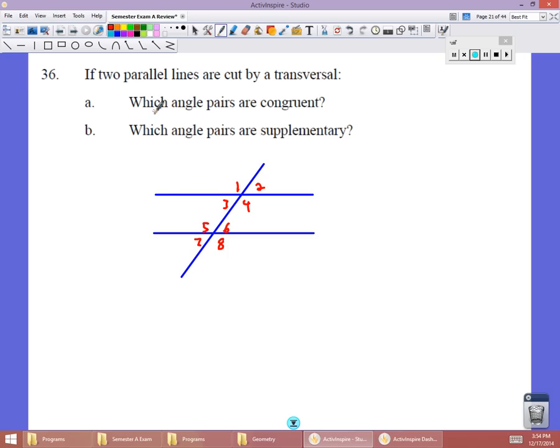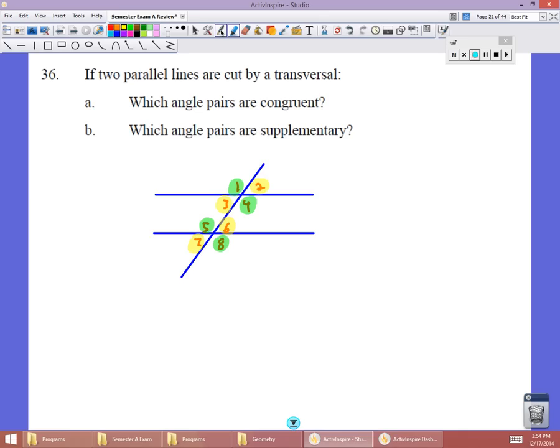We should have 4 angles that are equal to each other, and then another 4 that are equal to each other. So if I take my highlighter, the green angles 1, 4, 5, and 8 are all going to be congruent. And then the yellow angles 2, 3, 6, and 7 are also going to be congruent.